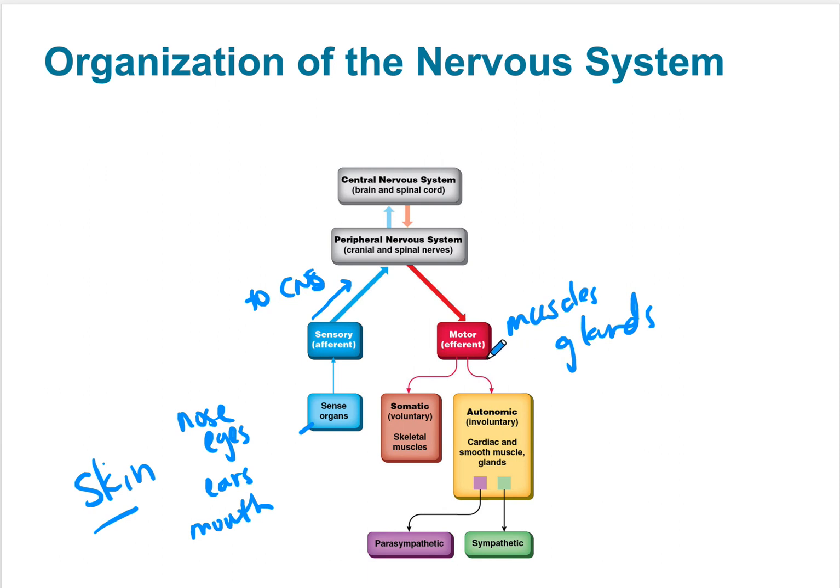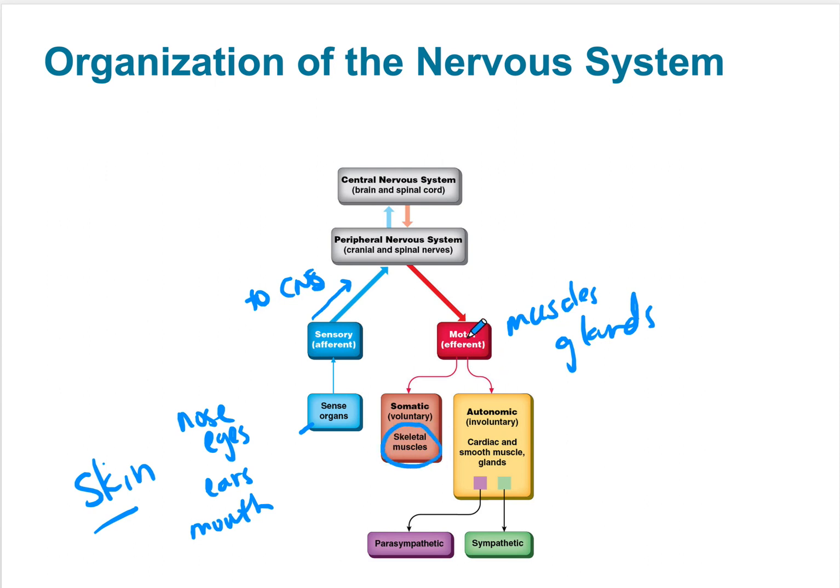Now, what's really interesting about our motor, or what we call our efferent nervous system, is that there are actually two divisions of it. When we say muscles and glands, do you remember muscles? We had skeletal, cardiac, and smooth. And remember, skeletal was the only one of the muscles that was consciously controlled, and that is what we call the somatic nervous system, because that's skeletal muscle.